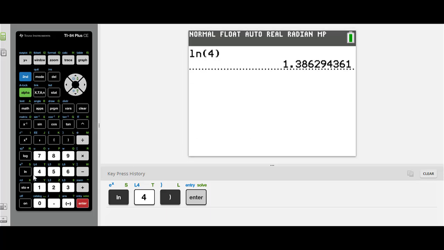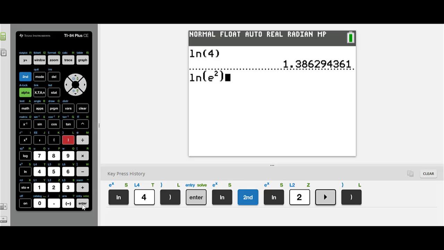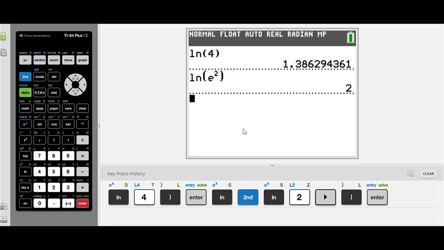Let's take a look at what it does when we know the exact value for something. If I put in ln of e to the power of 2, we know from our work earlier that we're expecting the calculator to say 2. Let's see how it handles it. Perfect. So it got the exact correct answer. Okay, so that's log base e.